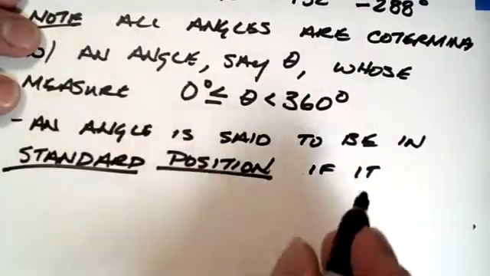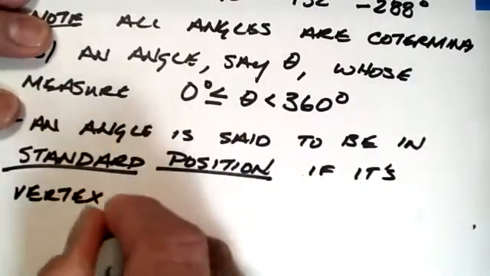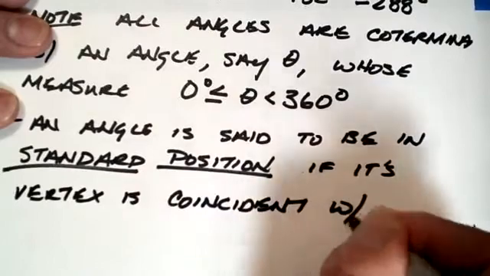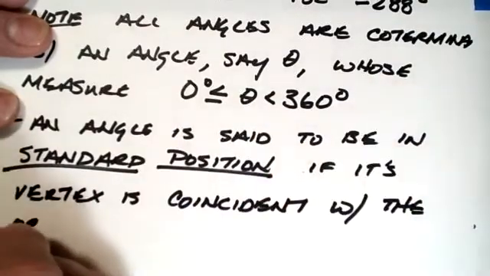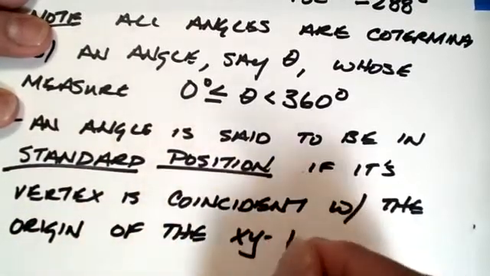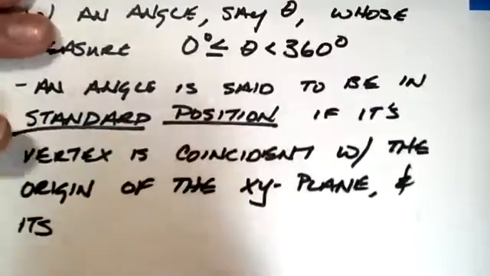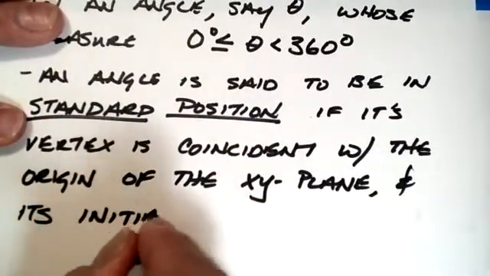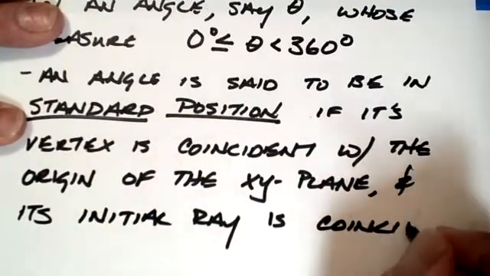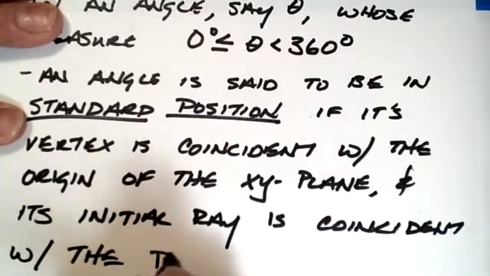An angle is said to be in standard position if its vertex is coincident with the origin of the XY plane and its initial ray is coincident with the positive x-axis.